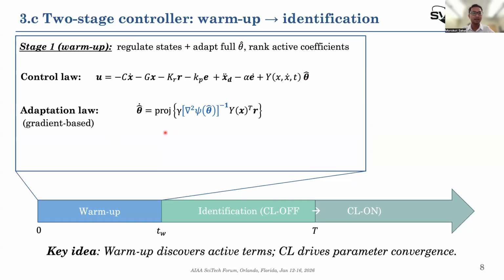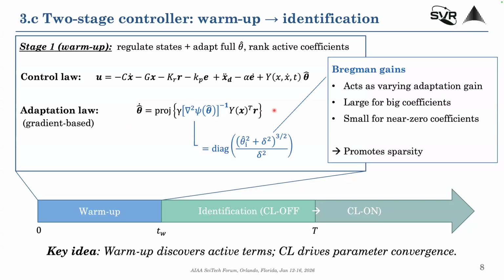But the main part here is that this adaptation law, which is called the gradient-based adaptation law, still has this Bregman gain in the coefficient. So what does it mean? This Bregman gain will act as an adaptation gain. It means that this rate of change now depends on the actual magnitude of the estimation.